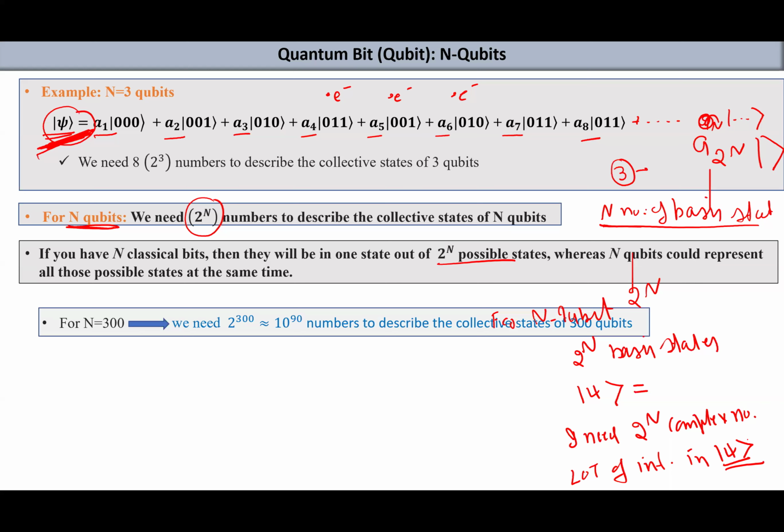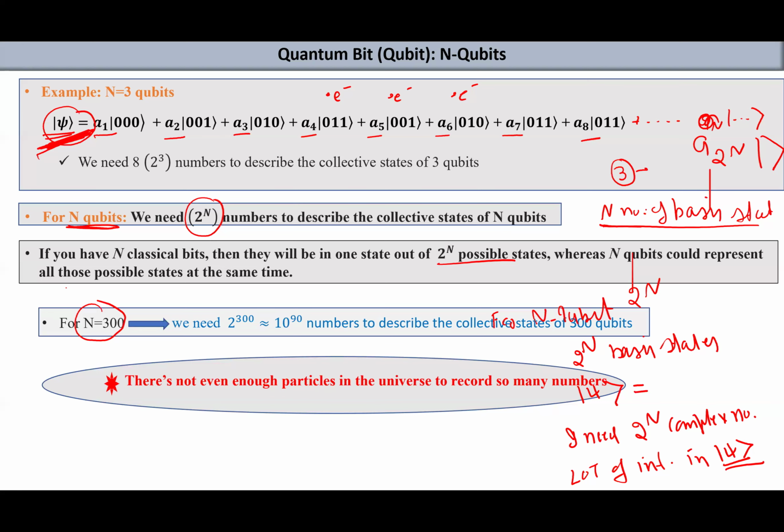And similarly, you can see that if you have n only 300, then for 300 qubits, I need 2 power 300, which means 10 to the power 19 complex numbers, to describe the superposition wave function psi, which is the superposition of 300 qubits.